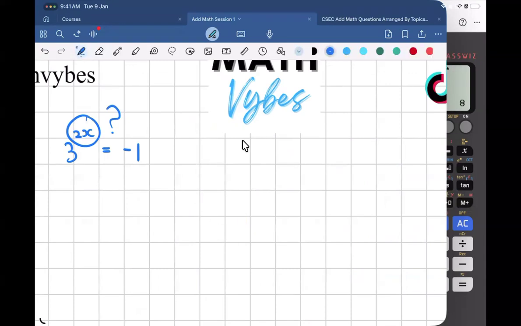There's also no power that would give you 0. Let me explain why. Serena, you remember what any number to the power 0 is? It's 1. So there's no power. I'll make a note of it here as well.